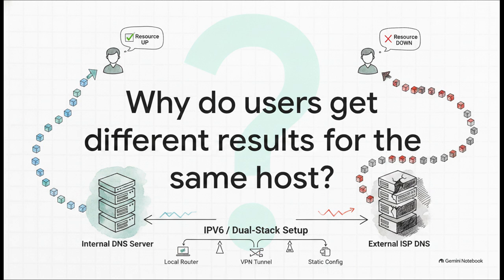In an IPv6 or dual stack setup, a client device could have a bunch of DNS servers available to it. You've got local router assignments, VPN pushes, static configs. If user A's machine decides to ask the internal corporate DNS server, boom, they get the right answer. But if user B's machine happens to ask an external ISP server because of some weird config quirk, they get nothing. Or worse, the wrong answer. The specific answering server completely dictates the outcome.